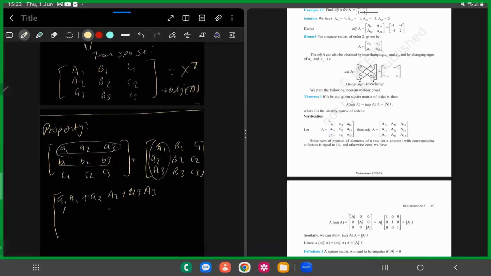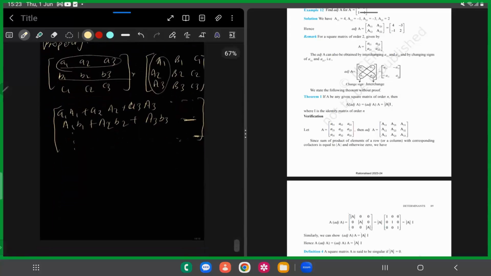So we'll be getting a1 A1 plus a2 A2 plus a3 A3, and for simplicity let's write it again for this column also: a1 B1 plus a2 B2 plus a3 B3, and so on. There will be other terms as well, and there will be some terms which are zero.